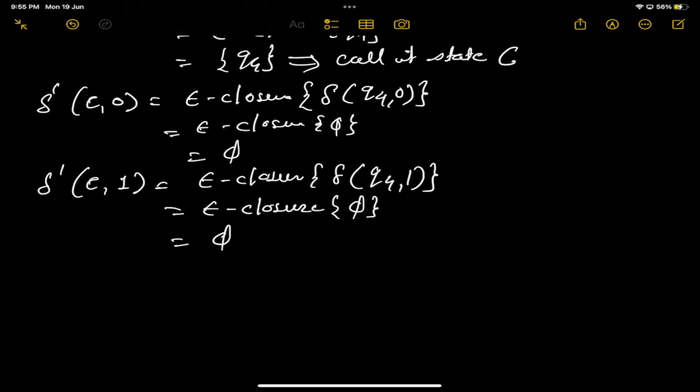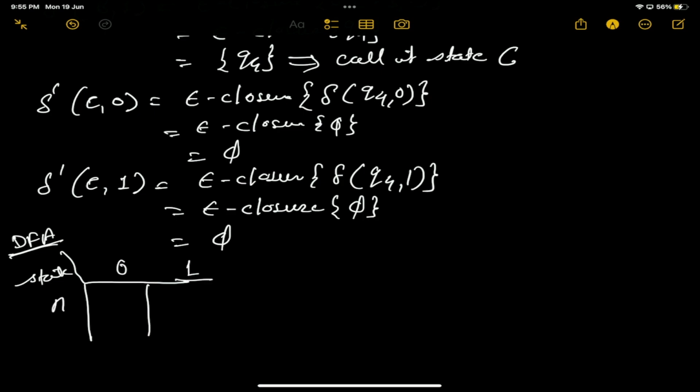Okay, now let's find the DFA. First we build the transition table for the DFA, with states and inputs 0 and 1.